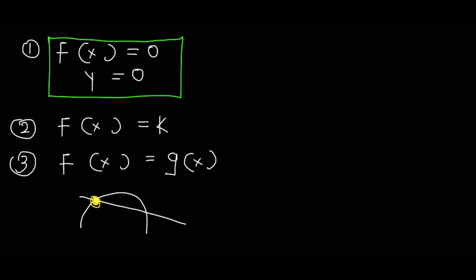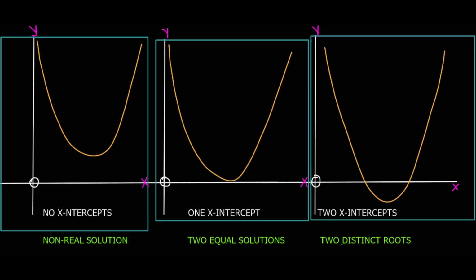But in this lesson I will focus more on these two cases. What is important based on this first case and the second case is that we have a situation whereby the graph can intersect the x-axis at one point, at 2 points, or they might not intersect at all. So let's look at that case and how important it is.